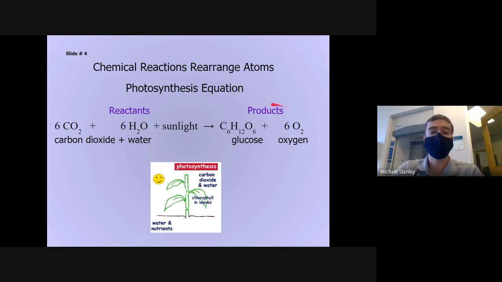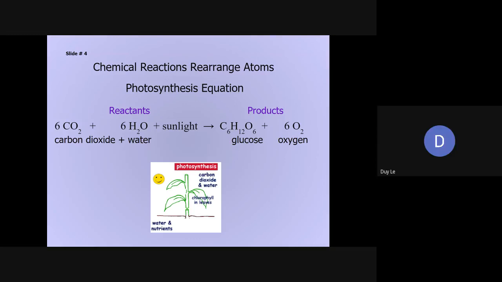What about our product side? What are the different atoms that we have over here in the products? Would it be oxygen and glucose? Close.